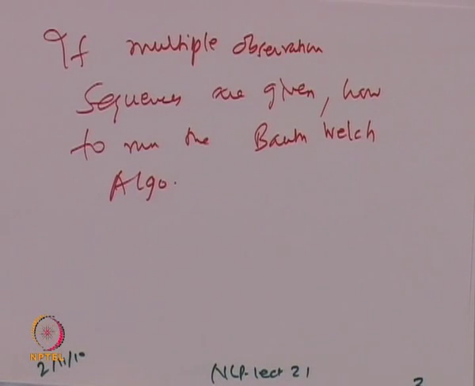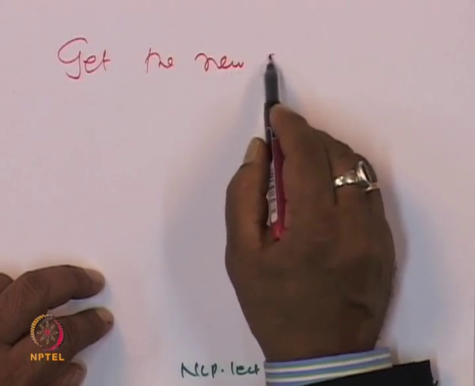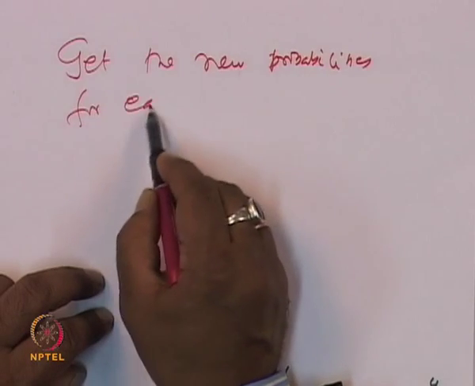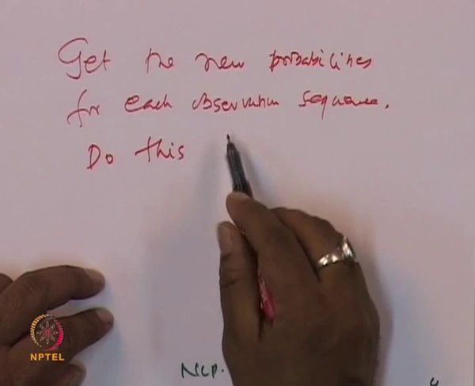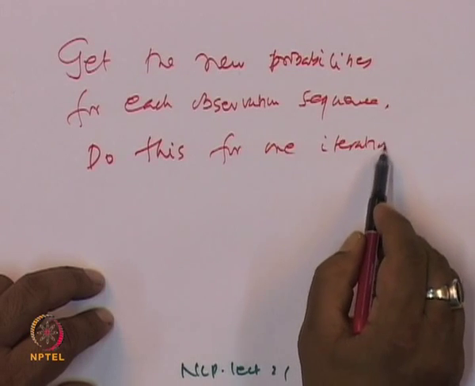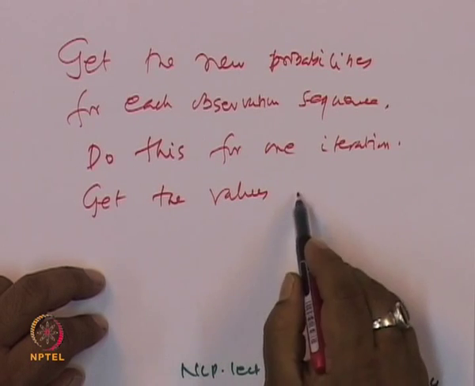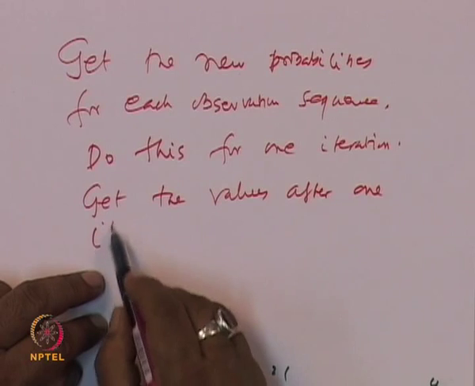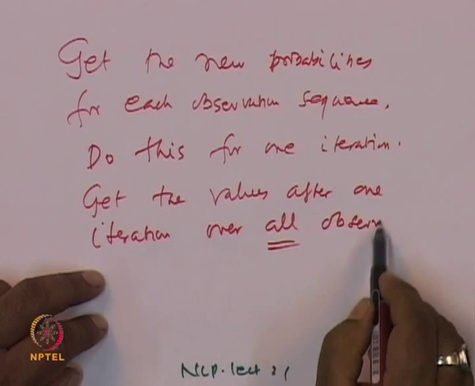So, what we do is that we find the values of new probabilities over each observation sequence, get the new probabilities for each observation sequence, do this for one iteration, get the values after one iteration over all observations.